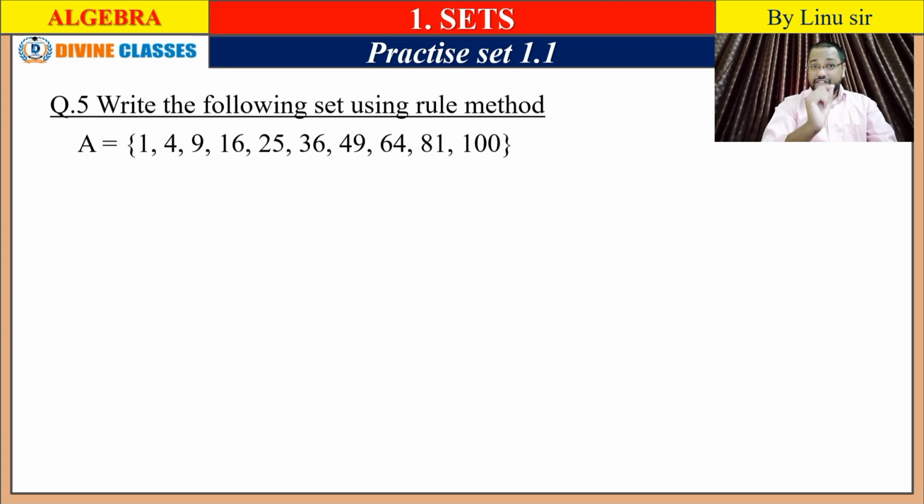Yes. So if we see very minutely, we'll be able to understand that each element is a square of some number, right? That means they are perfect squares, right?